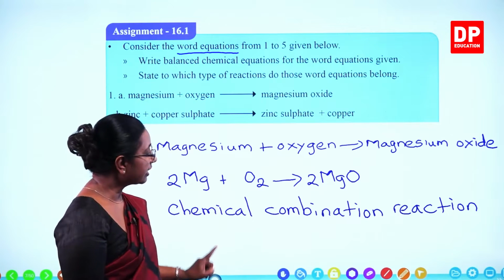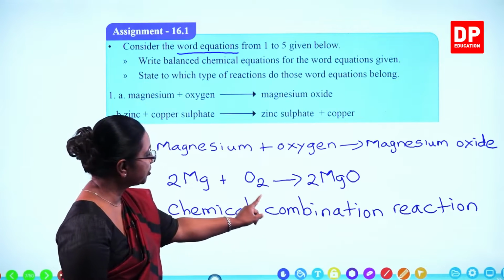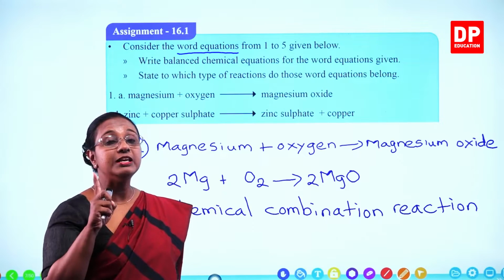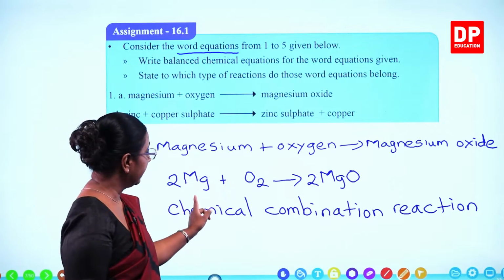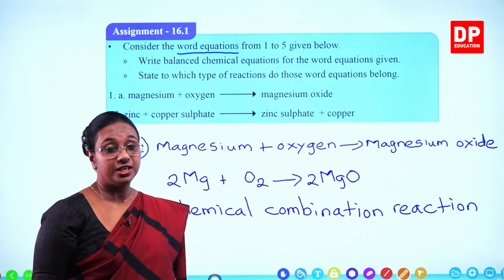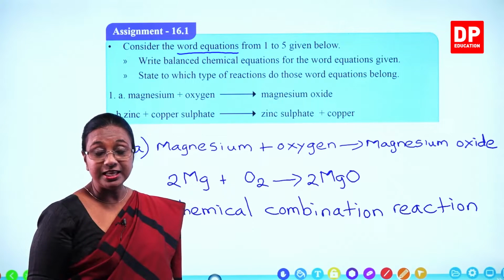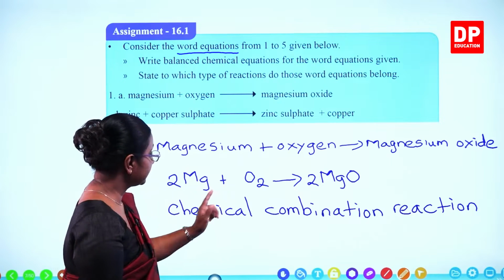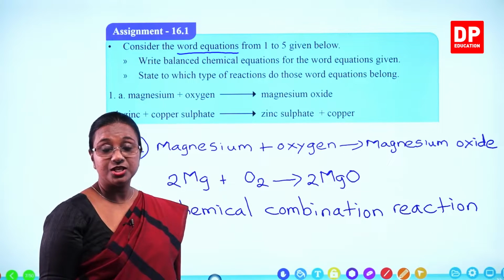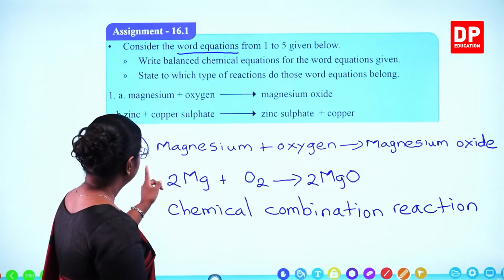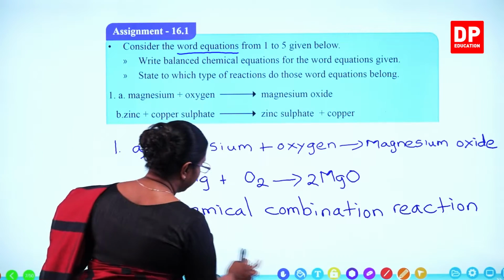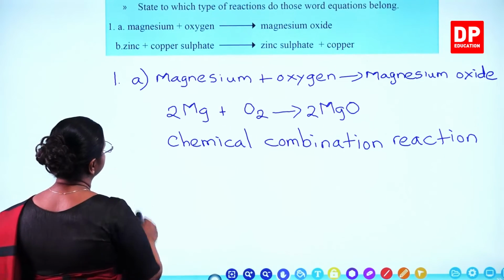There are 2 reactants combining together to form only one product. A plus B giving rise to C. You can remember the common equation. So this is a chemical combination reaction: magnesium, oxygen giving rise to magnesium oxide.